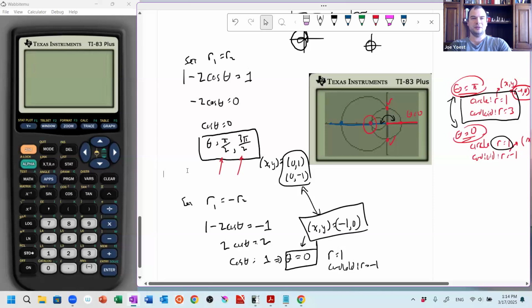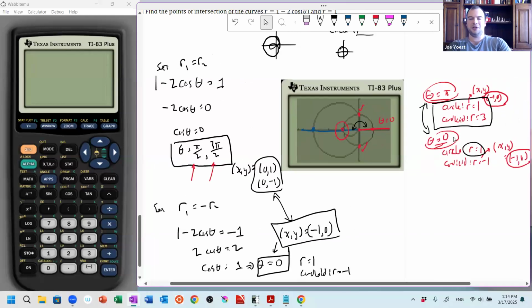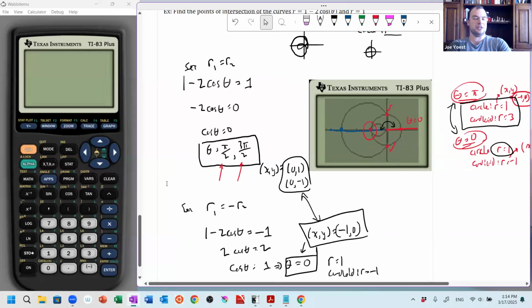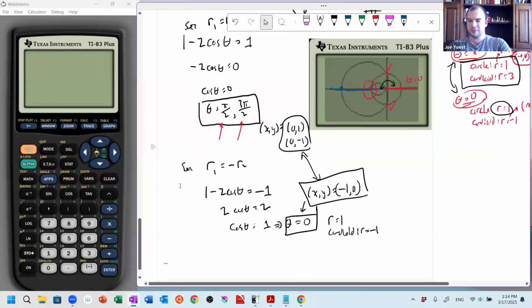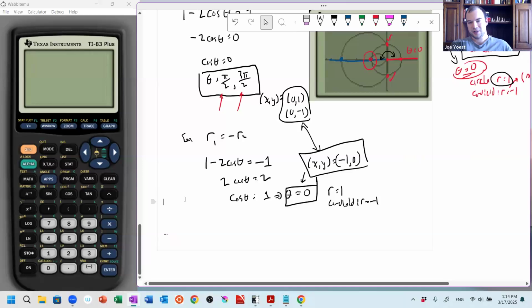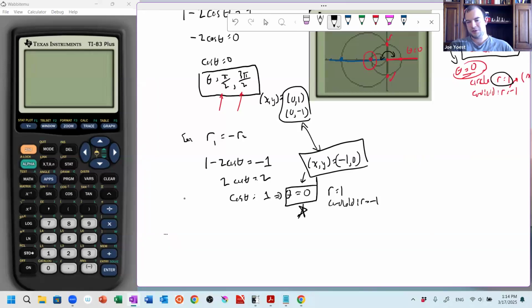But I think this is a place where using the calculator as a tool is much more helpful than trying to reverse engineer the whole problem and figure out where all of these intersections lie. The calculator gives us some pretty good hints, and then we can build off of that. But we do see our third solution coming out algebraically if we force the issue.